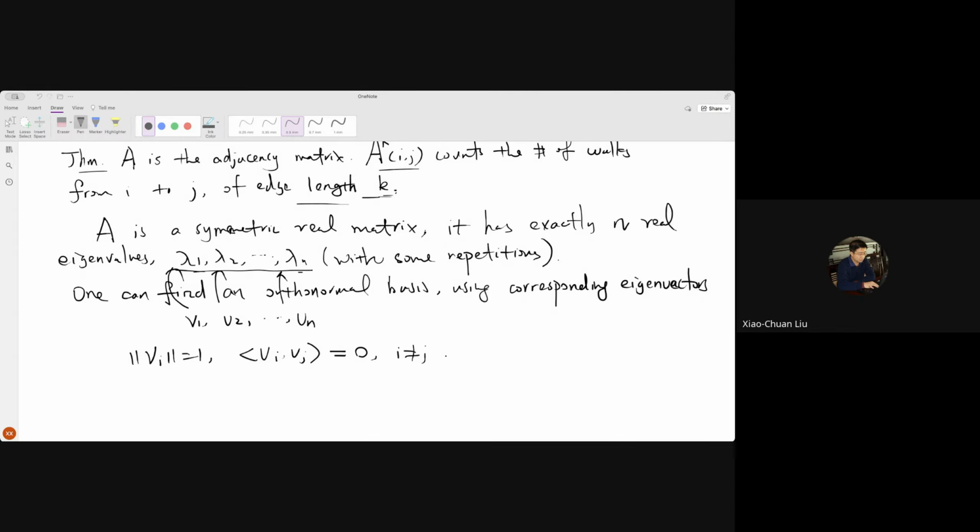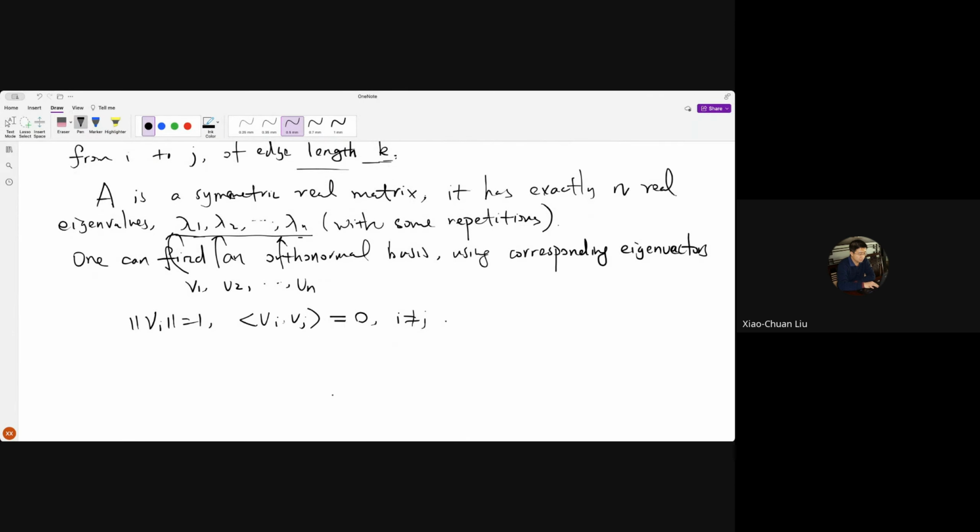If you are not talking about symmetric matrices, it is possible that you have complex eigenvalues. This can go very deep and be very complicated, but if you remember something and take it as a black box, it is fine.